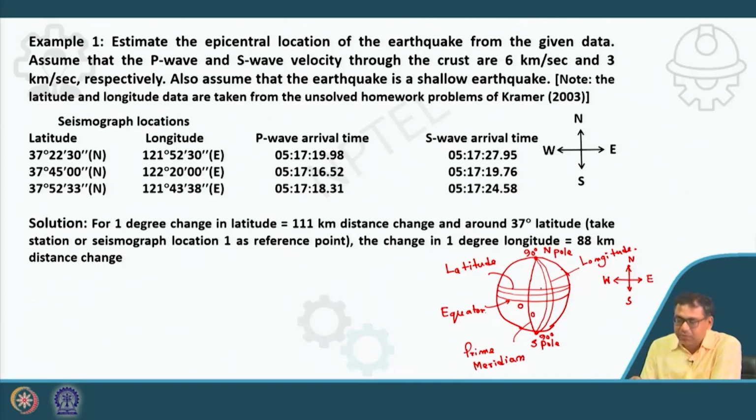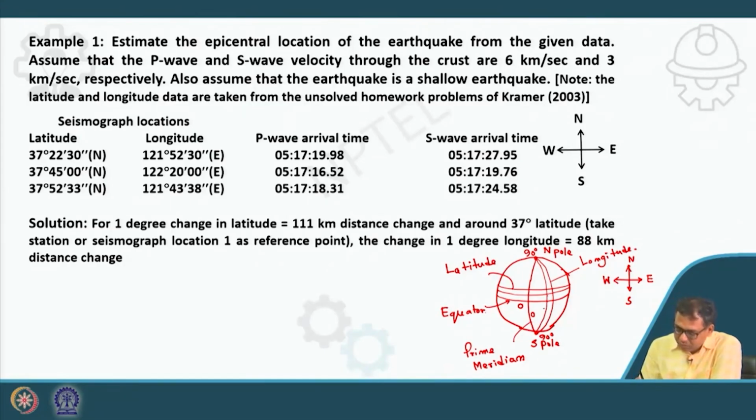So remember that. If I change 1 degree of latitude at any longitude position, say from here I am changing 1 degree of latitude, whichever longitude you follow, the change will be fixed, because the distance along all longitudes is the same.